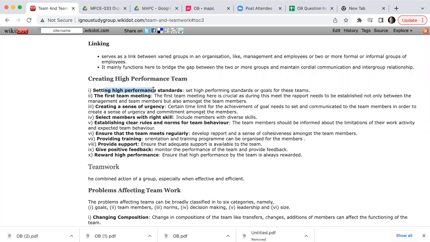You need to set clear rules, norms, right? And there should be frequent meetings. You need to have people with the right skill in your team. If there is no right skill, you need to provide training and make sure they have the right skill, right? While they are doing it, you need to support them, you need to give feedback. When they do it right, you need to give reward. So there are around 10 things which are part of creating high performance teams.